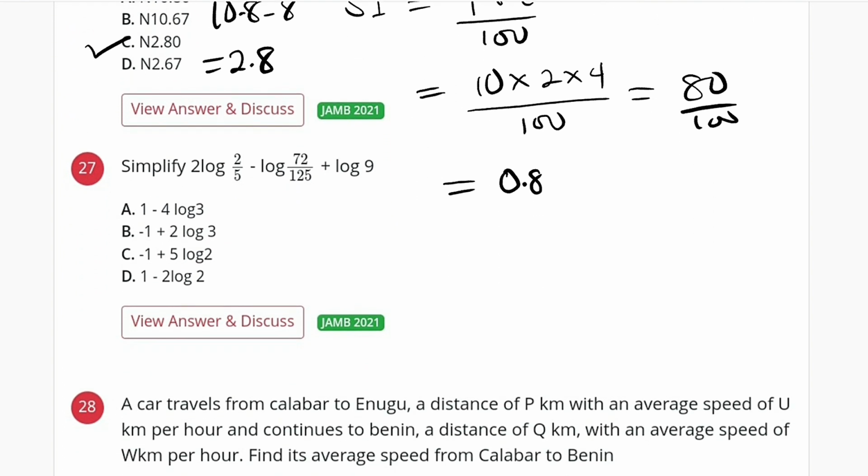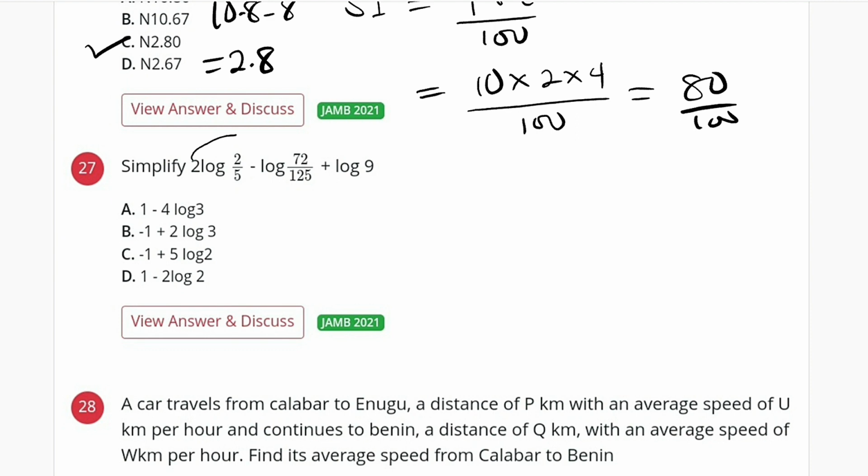Question number 27. We have 2 multiplied by log of 2 over 5 minus log of 72 divided by 125 plus log of 9. So basically all of these logs are in base 10. Therefore, we can give them a single log.